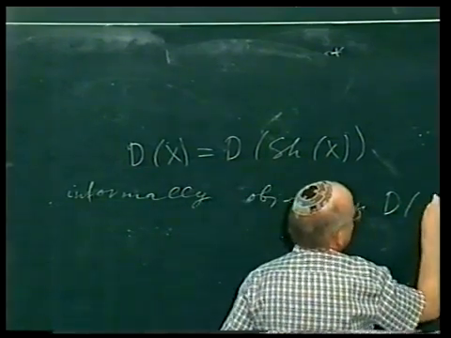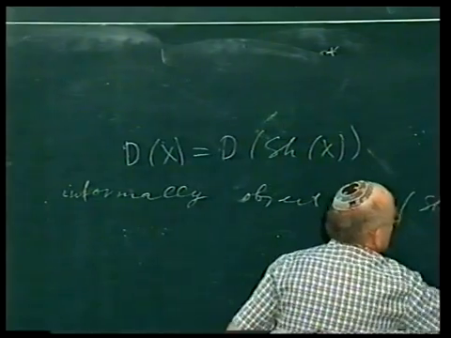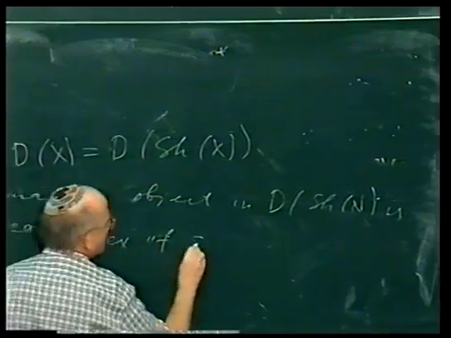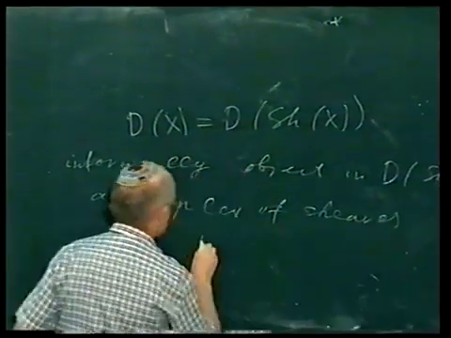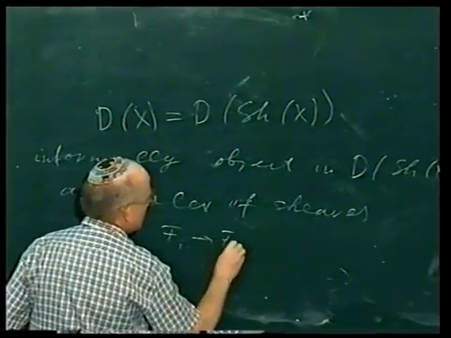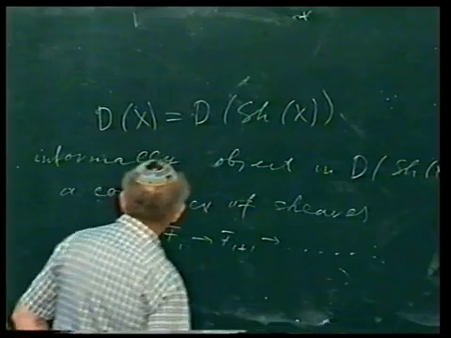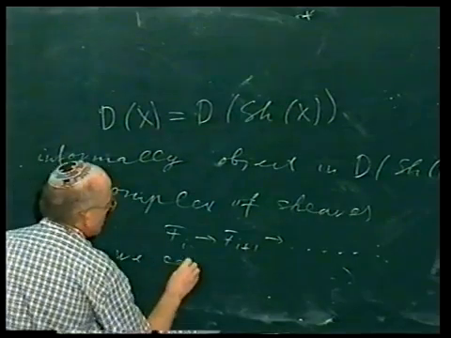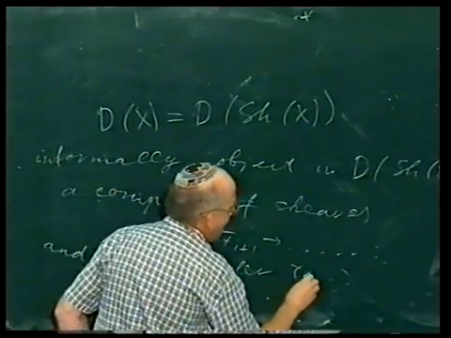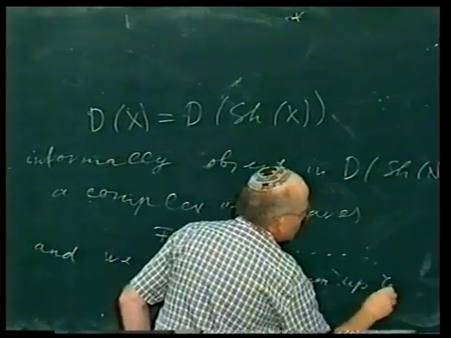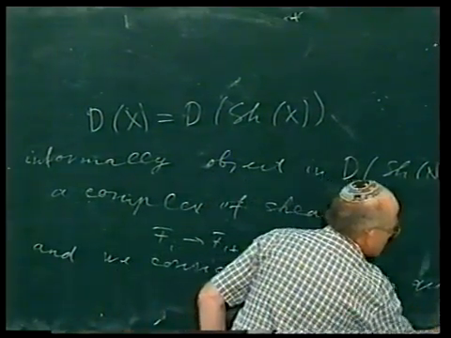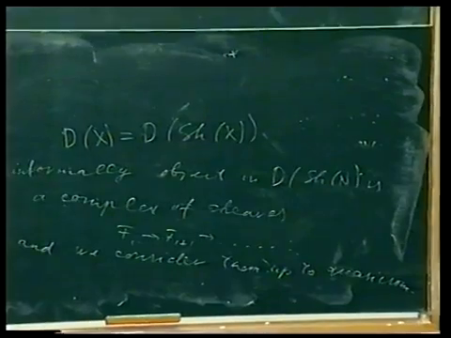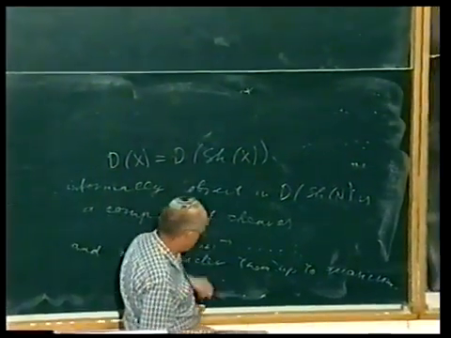In formula, an object of the derived category of sheaves on X is a complex of sheaves F^i, F^{i+1}, and so on. And we consider them up to quasi-isomorphism. If there are two complexes which are quasi-isomorphic, we declare that they are the same. And this is our category.